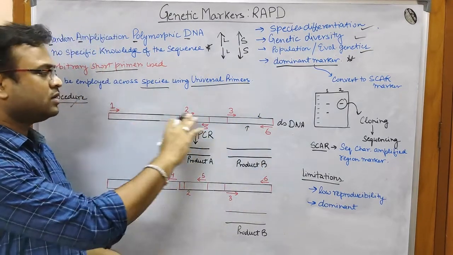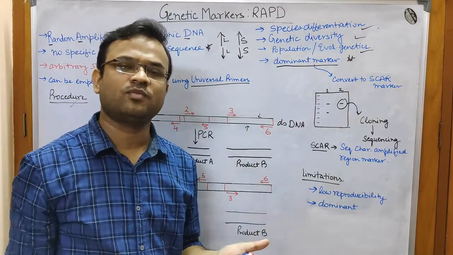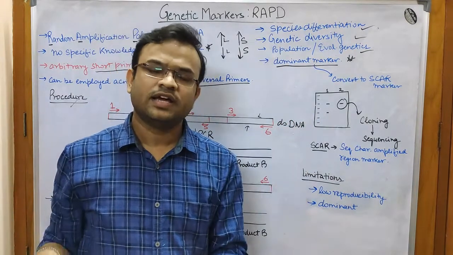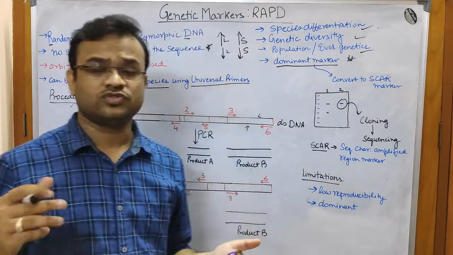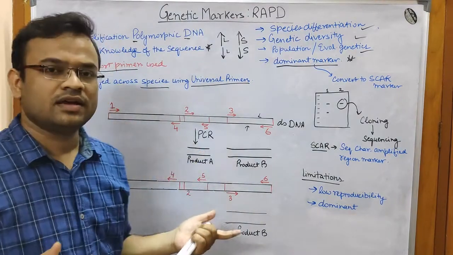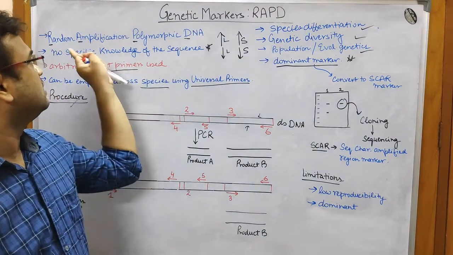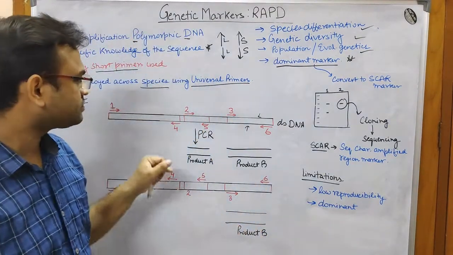In the first process, you have to isolate the DNA from the organism that you want to work upon. Next, you will have to use the PCR in order to amplify a particular stretch of DNA that we already talked about when we were defining RAPD, right?